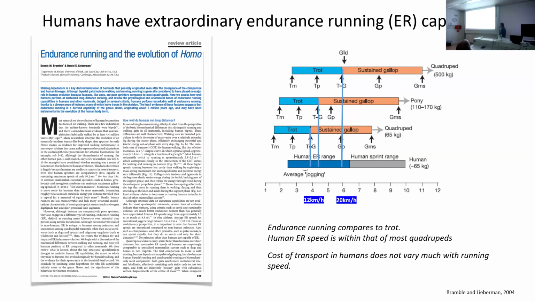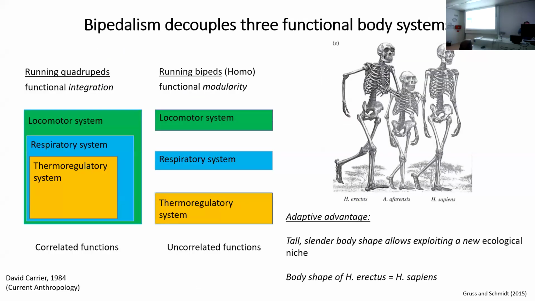And therefore, it is thought that the cost of transport in humans is actually not very variable. And this is related to the fact that in quadrupeds, the locomotor system, the respiratory system, and the thermoregulatory system are integrated. They work as one unit.